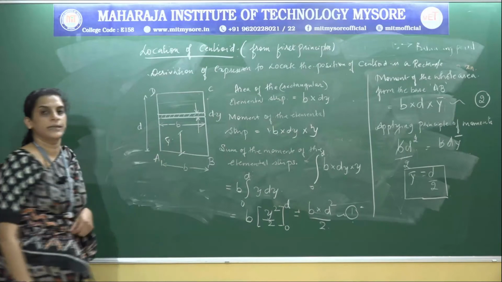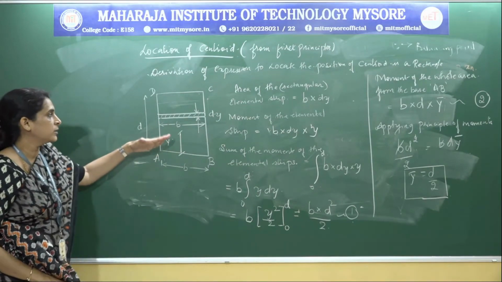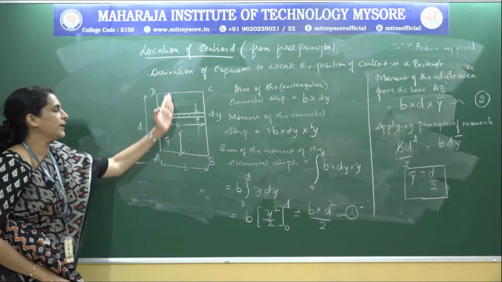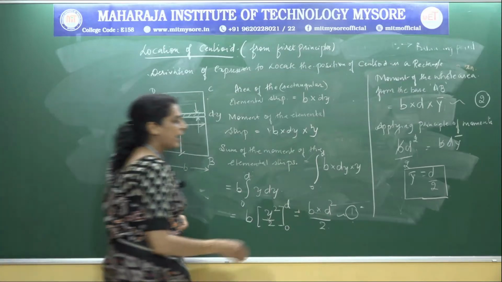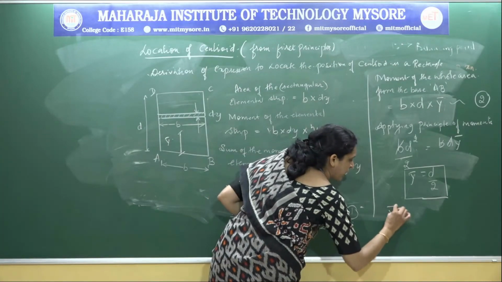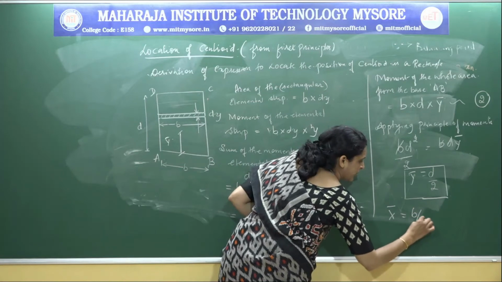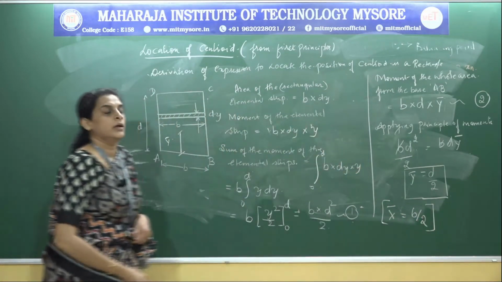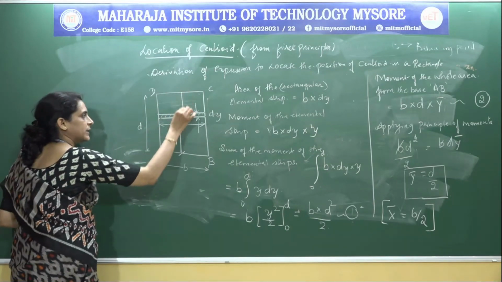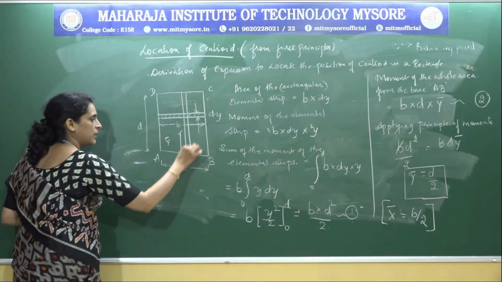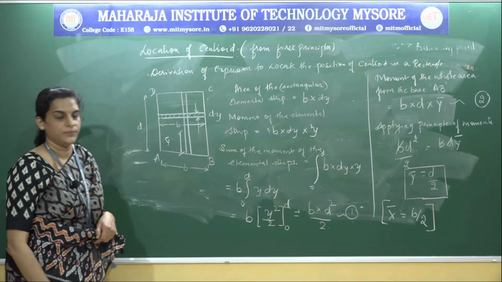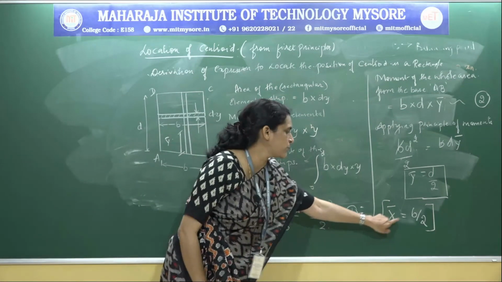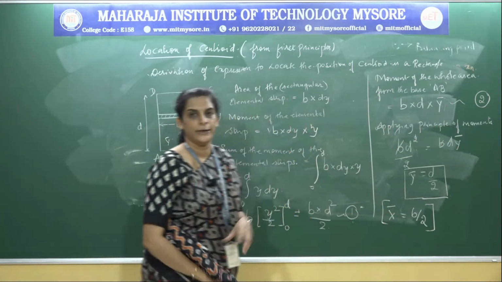Here is the centroid. But if I consider a vertical strip, I will get x bar is equal to b by 2. If I consider the vertical strip and derive the expression, I will get x bar is equal to b by 2.